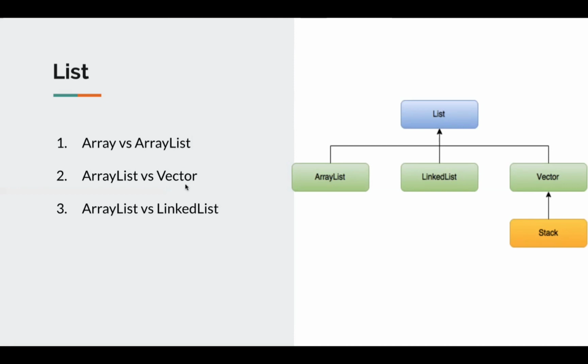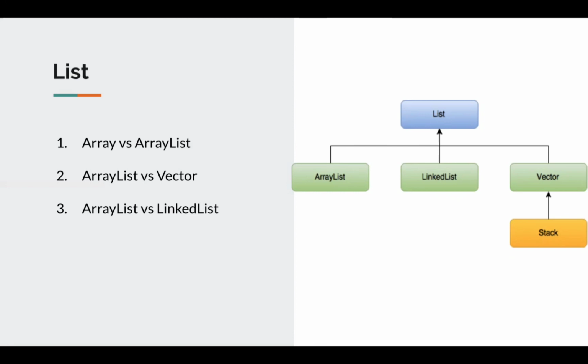The second difference is between array list and vectors. The very major difference is that vectors are synchronized, whereas array lists are not synchronized. So vectors are thread safe. Whenever we are working with a multi-threaded application, we should use vectors instead of array lists. Another difference is that array list is not a legacy class, whereas vectors are a legacy class.